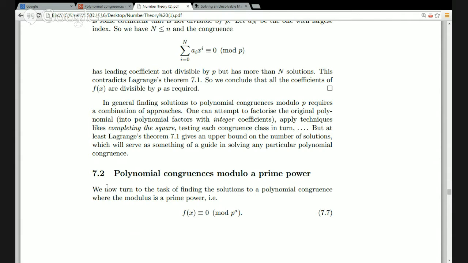Okay. So we've done some work with the Chinese remainder theorem. Now we have to describe how you go about solving each of these. That's what we're going to look at today. We've got a result which describes it. It kind of gives an algorithm for solving these.